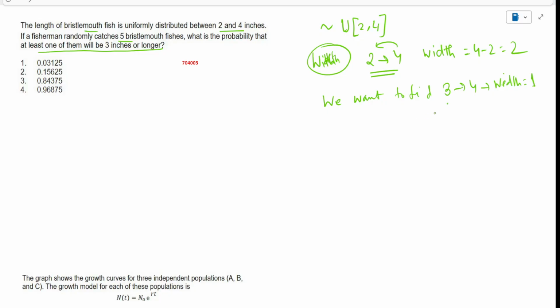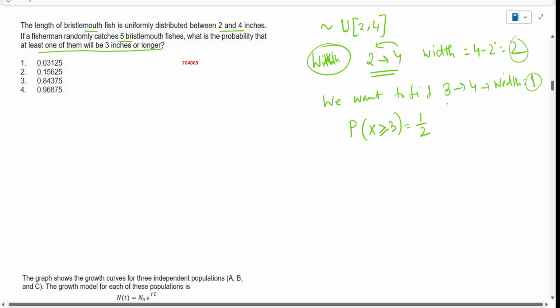Therefore, for our required probability, suppose x is the length of a fish, x greater or equal to 3. What is that probability for one fish? It is 1 upon 2. Now this is for one case.